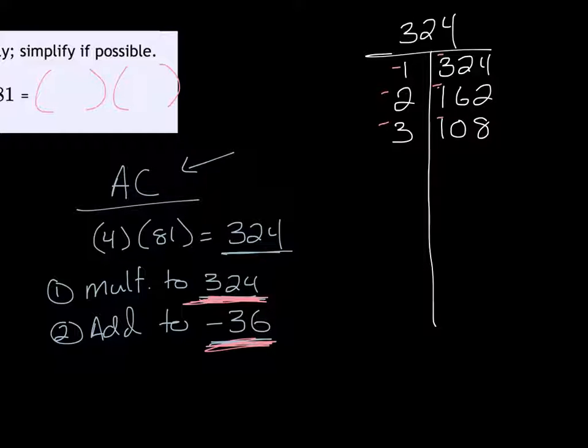The first pairing adds to negative 325. That's not even close. The next is negative 164, getting closer, but not by much. The next is negative 111. I'm trying to get to negative 36, and I'm really far away.